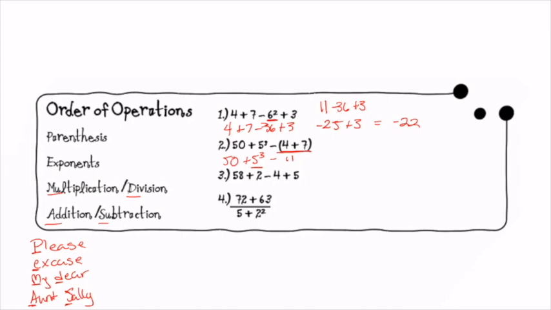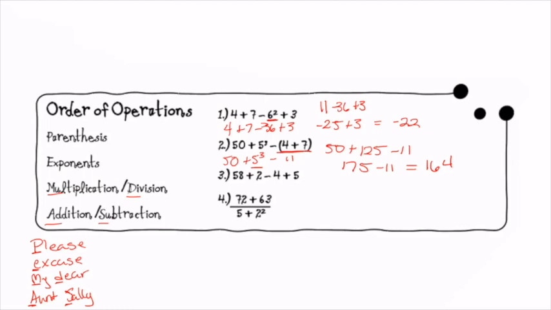So we have 50 plus 5 cubed is 125, minus 11. 50 plus 125 is 175, minus 11 equals 164.